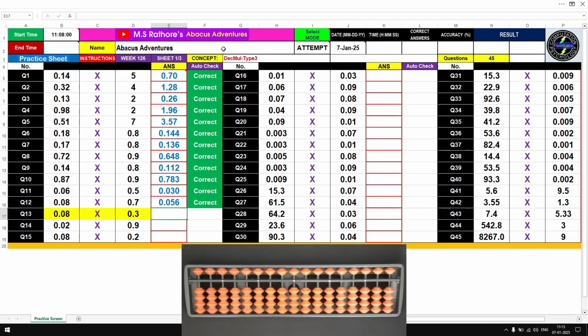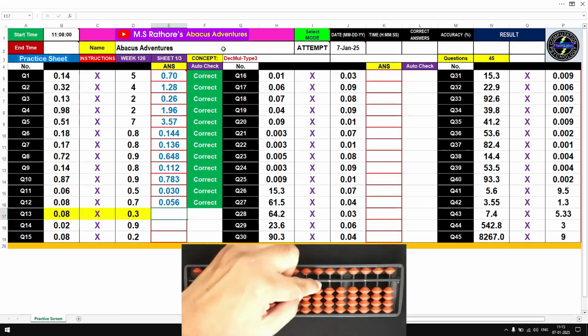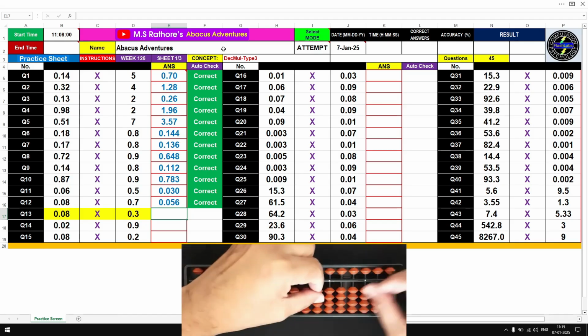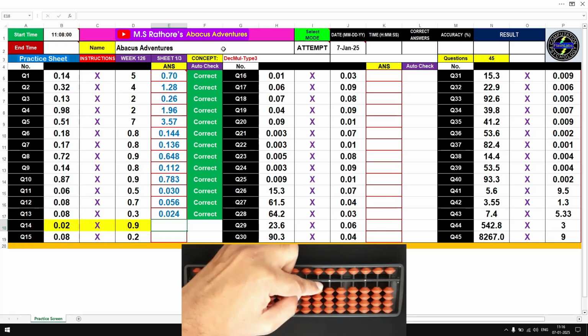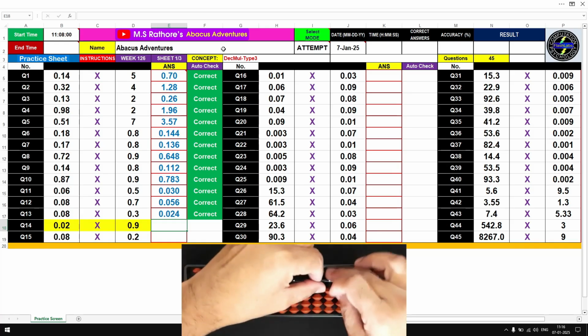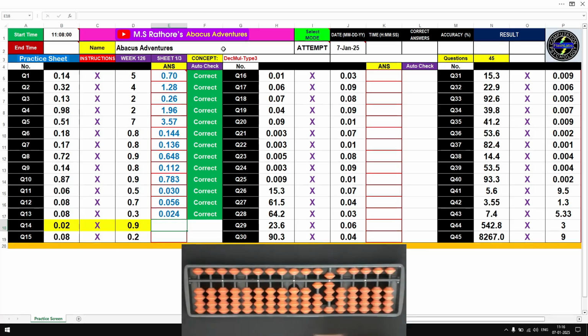Question number 13, 0.08 multiplied by 0.3, beginning from rod number -1. 3 8s are 24, and the answer is 0.024. Question number 14, 0.02 multiplied by 0.9, beginning from rod number -1. 9 2s are 18, and the answer is 0.018.